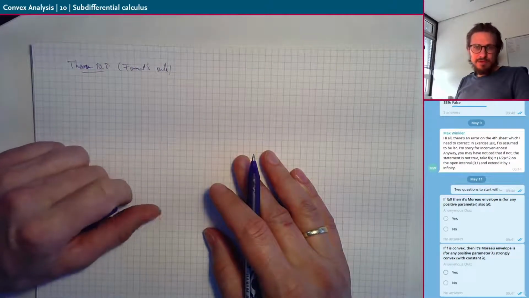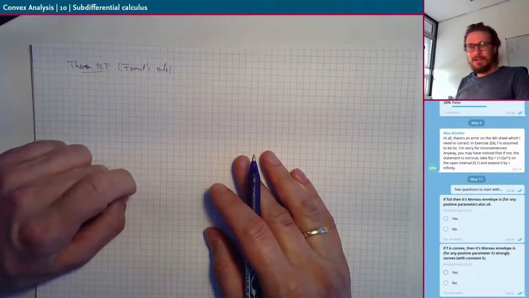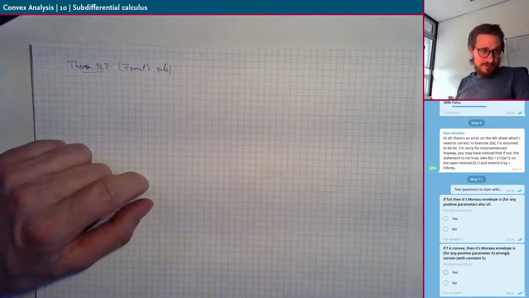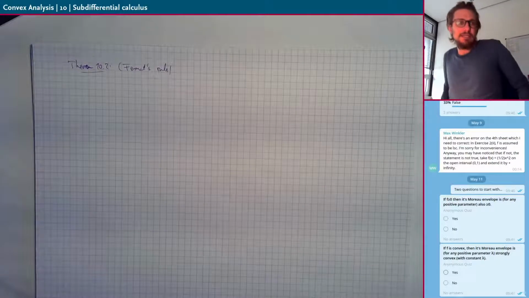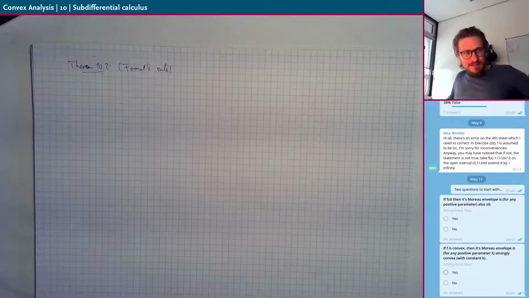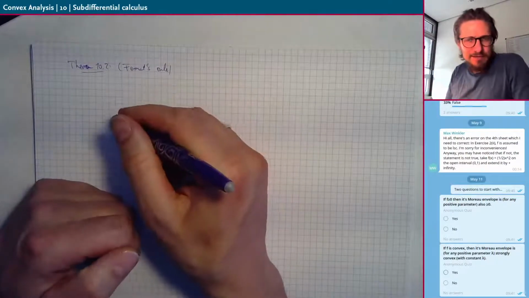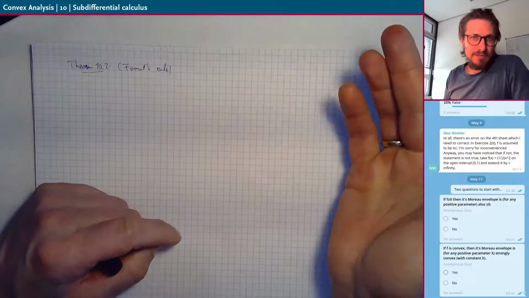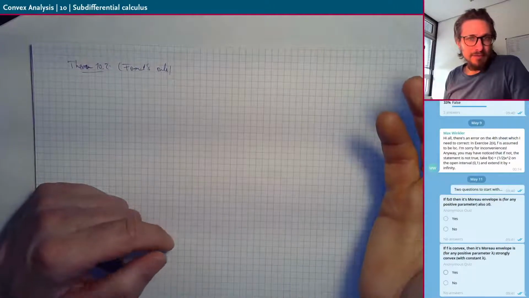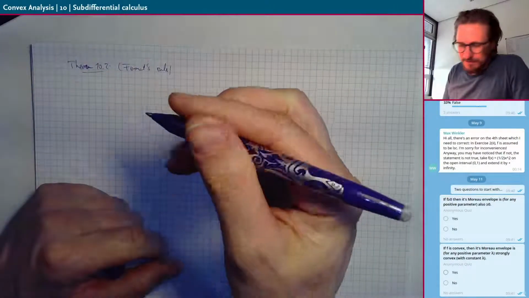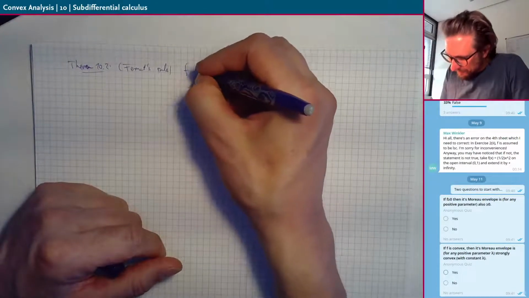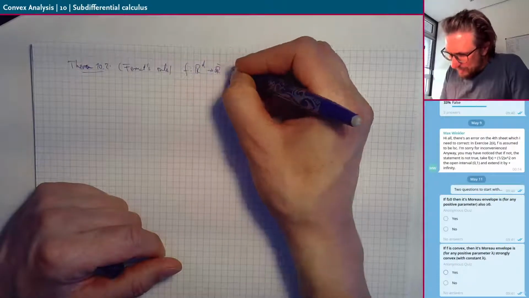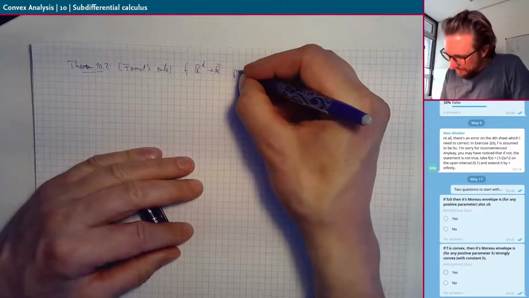If a function has a minimum at some point, then the gradient has to vanish, in the case of differentiability. In the case of convexity, the situation is a little bit nicer, actually, because local minima are also global. So we can even calculate global optimality by differential methods. So what we need is f from Rd to R, proper and convex.